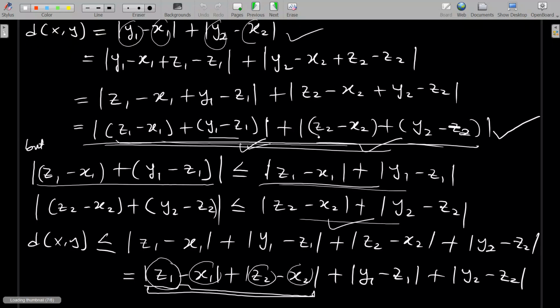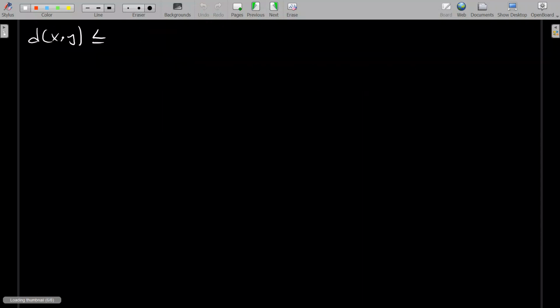So in effect, we say that d of xy is less than or equal to, now this part is given as d of x and z, because we said the latter part will always come in front. So the latter part like this will come here. Okay, so you have d of xz, and obviously the other part will be d of zy.